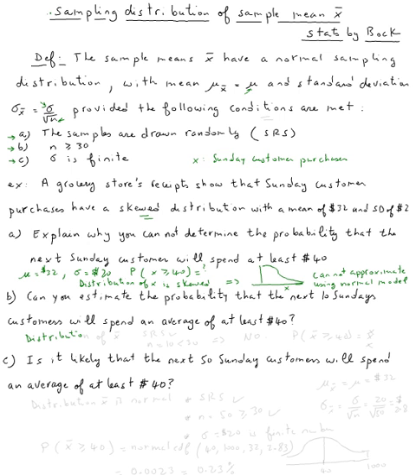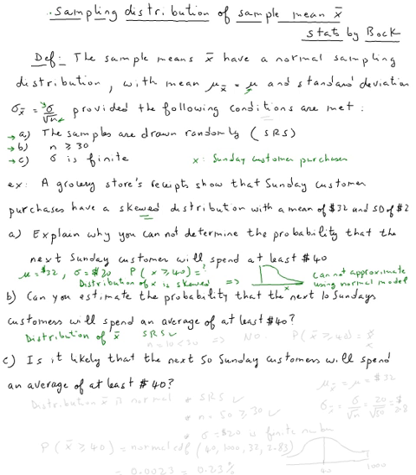So for B, can you estimate the probability that the next 10 Sundays' customers will spend an average of at least $40? Now, this is the distribution of X bar. It can be normal. However, for it to be normal, we want the randomization, which is okay. We can even assume it.